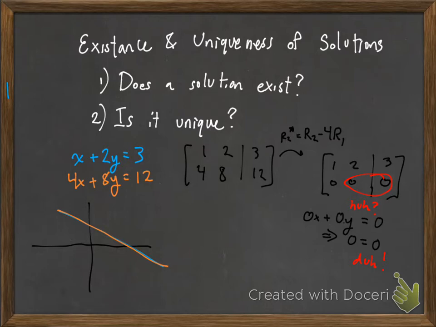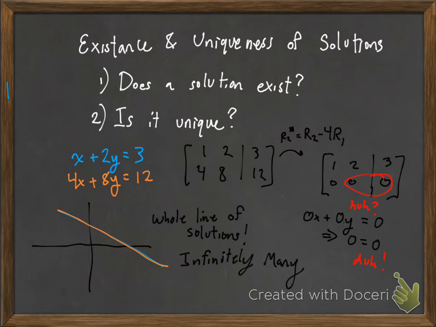And what this is telling us is any point on this line, because these two are really the same line, is a solution to this equation. And what that means is that there's a whole line of solutions, in other words, there are infinitely many of them, because there are infinitely many x's I could pick on this line. It's a continuous line. So I would say that there are infinitely many solutions.